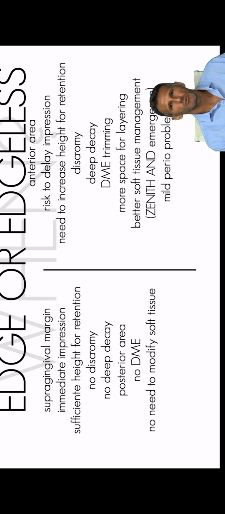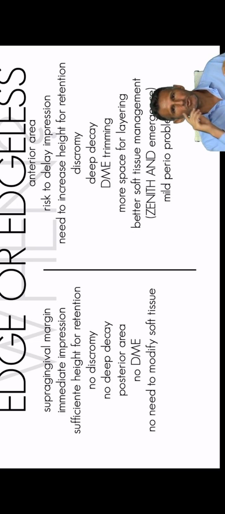I use this when I want to do an immediate impression because the harm that we have on soft tissue is very limited when we do this kind of juxtagingival preparation. We use this when we have sufficient height for retention. We use this when there is no dyschromia to hide, because in this kind of preparation we stay almost juxtagingival, so we have not the ability to mask any kind of dyschromia.